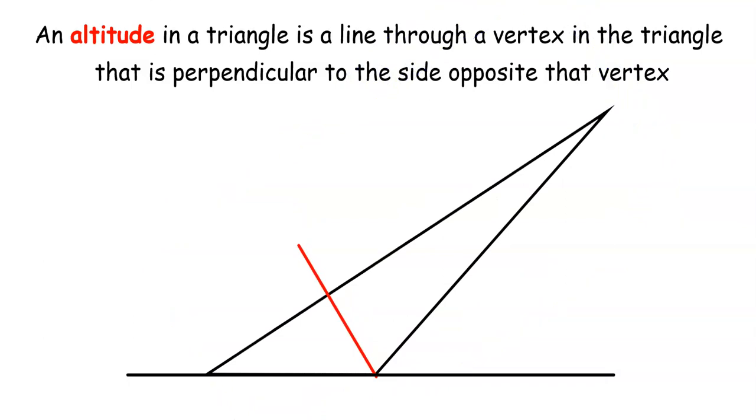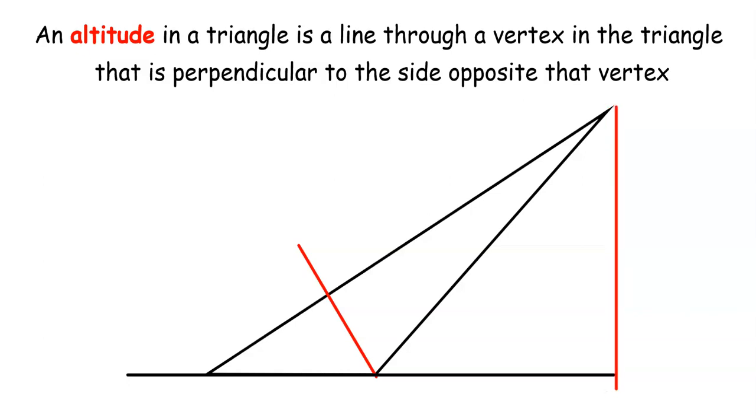In this case, it's the angle and the vertex that is up in the very top right near the word vertex. If we were going to create a line or a segment or a ray that goes through that vertex and is perpendicular to the opposite side, that altitude is actually going to go something like that.